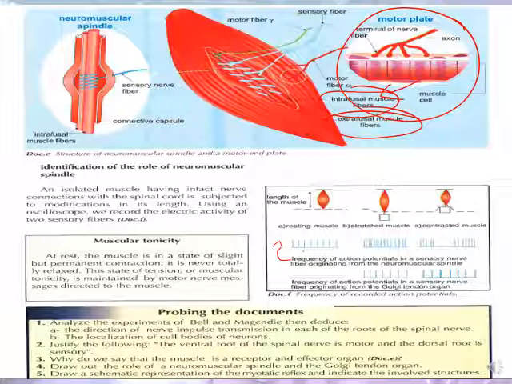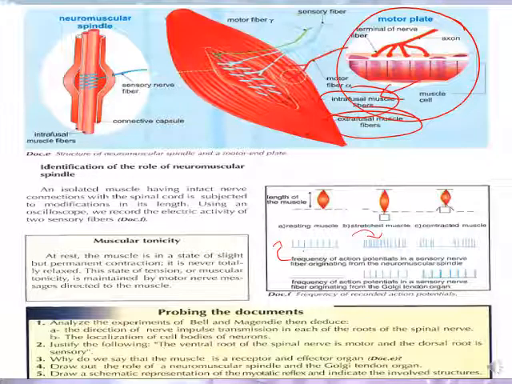This frequency increases in the case of stretching, and it becomes approximately 0 in the case of contraction. So we can deduce that the spindle is sensitive to stretching. In this case, we have higher frequency.